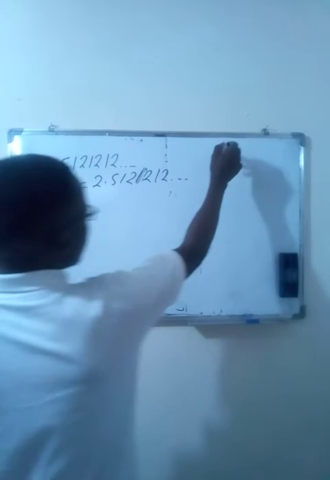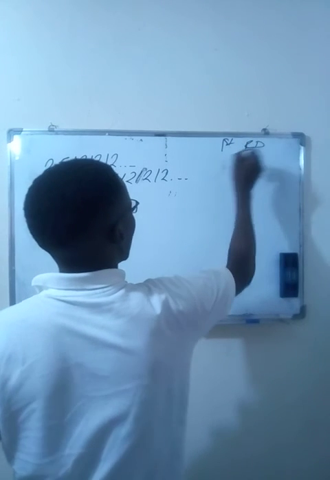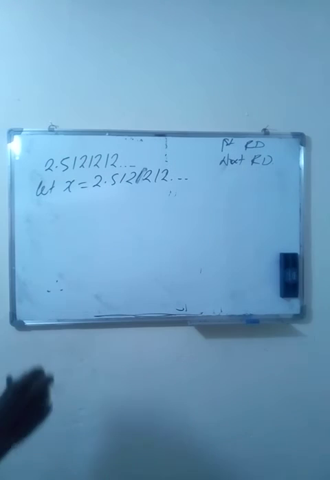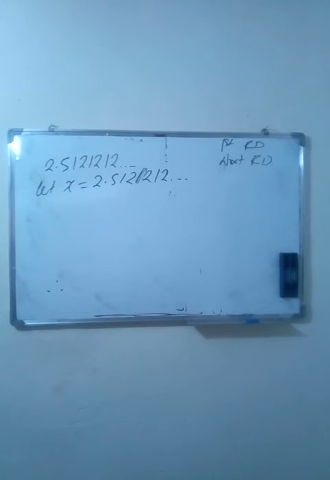And then we should have the first repeating decimal and the next repeating decimal. Okay. So what do we have here? Do we have the decimal point at the first repeating decimal or not? I want you guys to tell me. Okay, Brenda, what do you think?